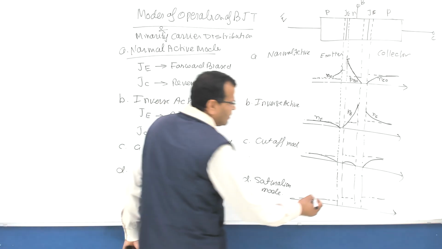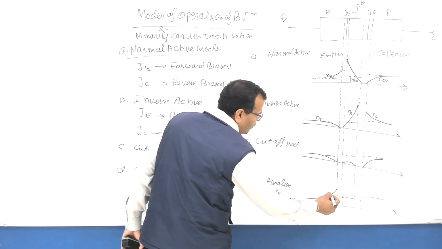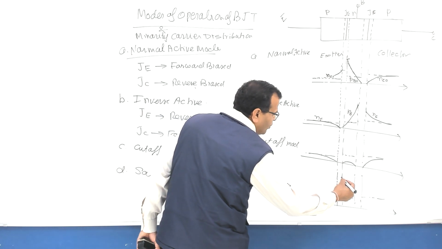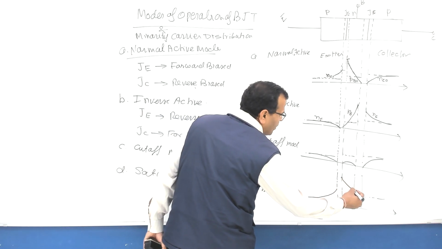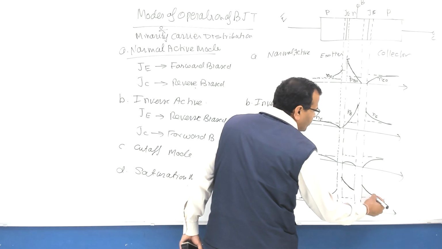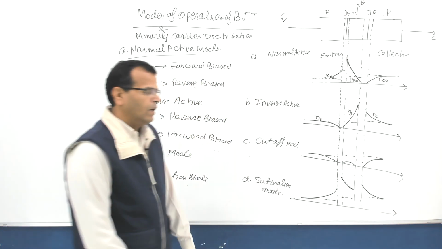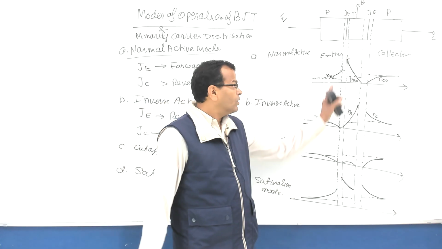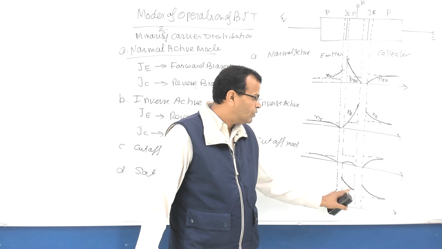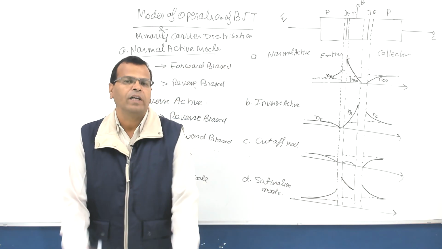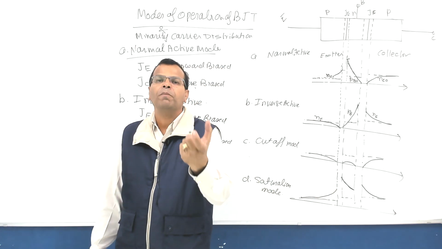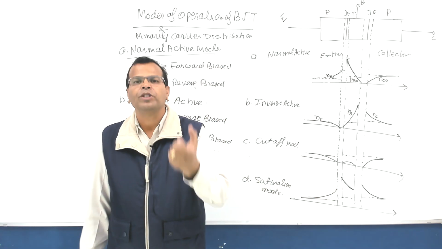It will be reducing exponentially, maybe like this, and the concentration here is maximum but it will be reducing like this. Here it is reducing because this side had higher concentration and this had less concentration, so from this side to this side it will be reducing a little.